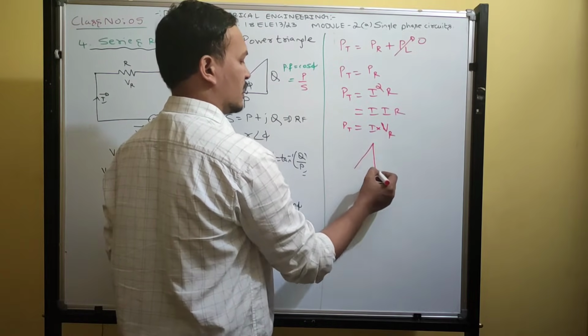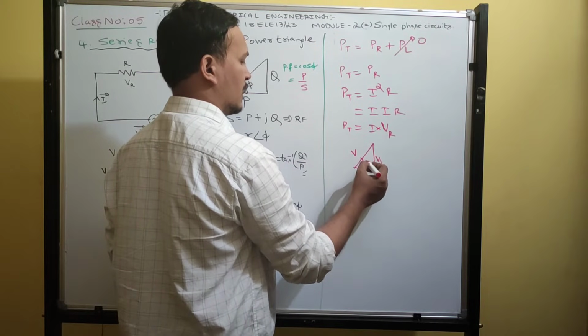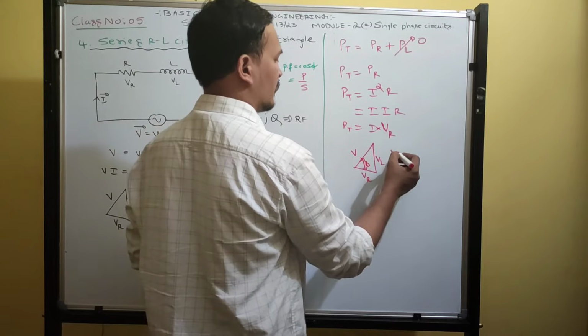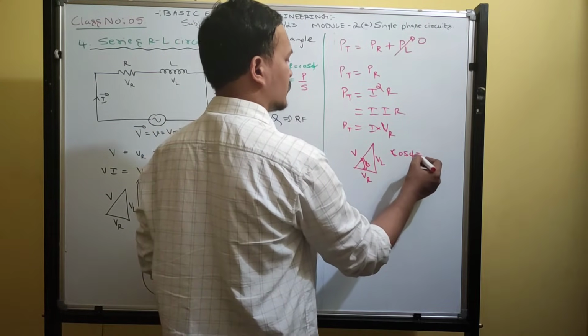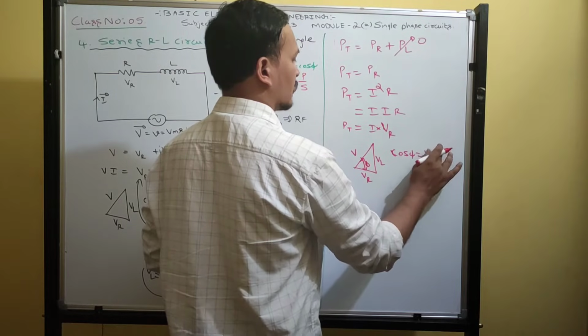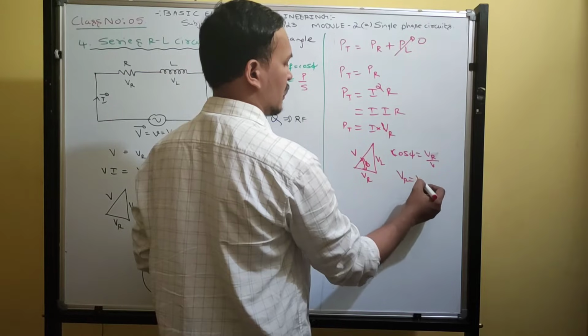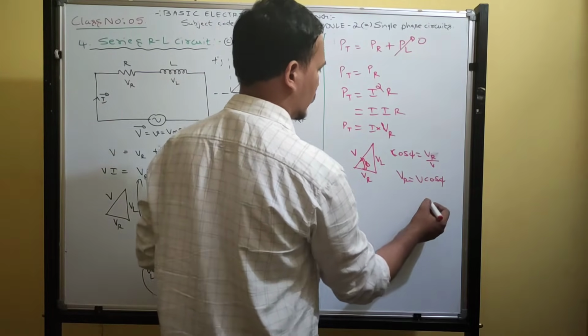Now, draw the voltage triangle: VR, V, VL, angle phi. From this I can write cos phi is equal to VR divided by V. From that, VR is equal to V cos phi.